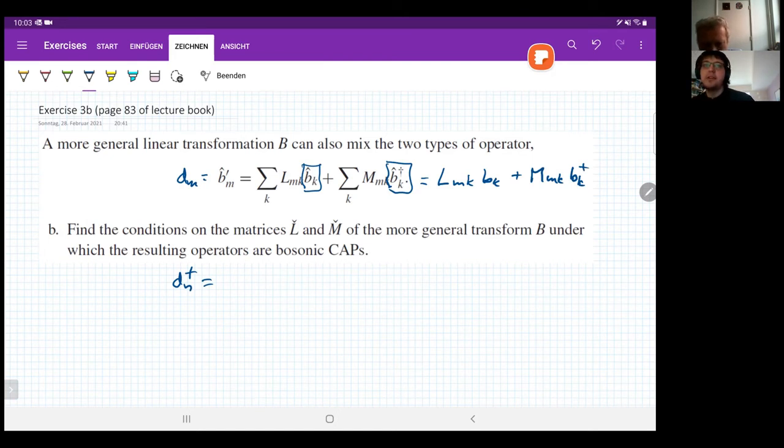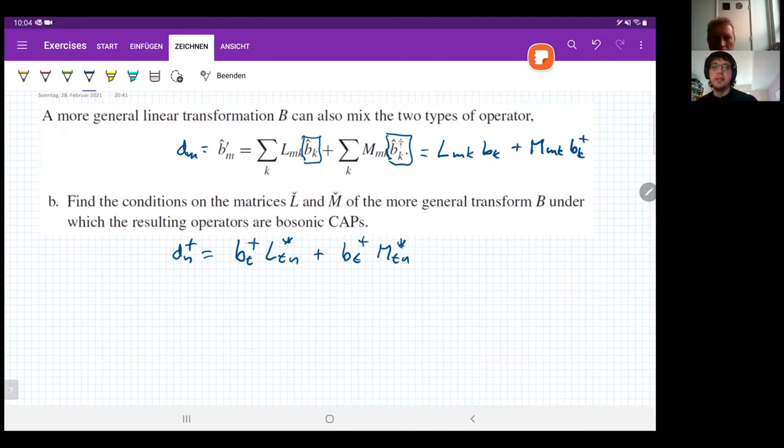So for the d_N dagger, we have now the following connection where we just need to transpose this equation here on top, and we get this equation here, and we again plug them into our commutation relationship for the d_M and d_N, where we get the delta function.